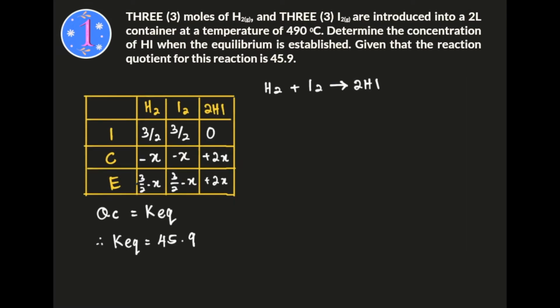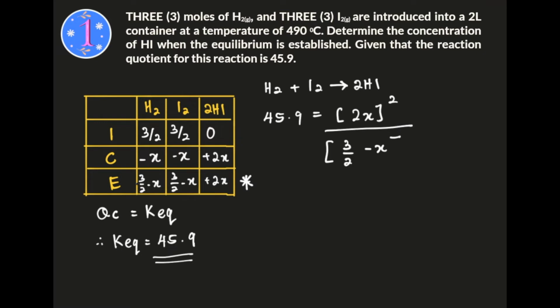Alright, so since we already know that your KEQ is equivalent to 45.9, we're just going to write here 45.9 is equivalent to whatever is in the product. So your product will be 2x squared. So you're just going to look at the equilibrium divided by your hydrogen, which is 3 over 2 minus x.